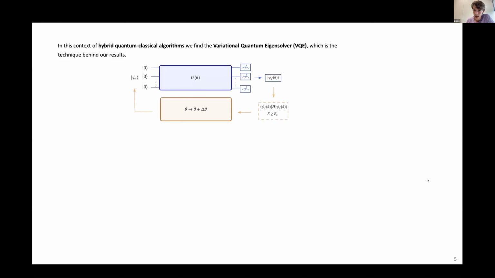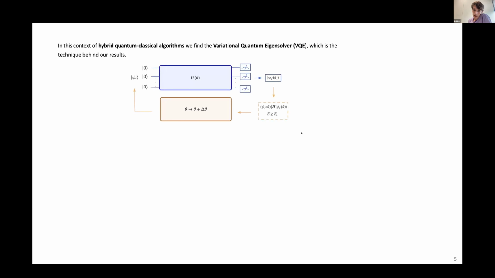It is very spread in the community, and it's probably, I would say, the paradigm that will give results earlier in the field of NISQ quantum algorithms. And the paradigm basically goes like this.